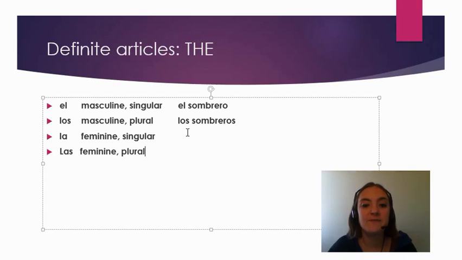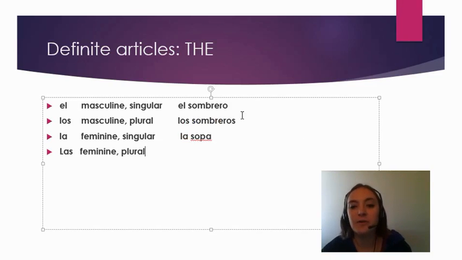When you have a word that's feminine, like for example soup, we're going to use the word la in front of it, because the word soup ends with an A also and is feminine. So la will go in front of singular feminine words. Now what do you think we would do to make this plural?